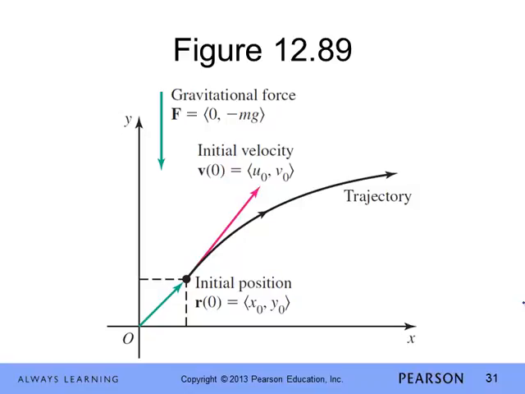You can think about each of those components as functions of t: they give you the x coordinate as a function of t and the y coordinate as a function of t. So if you want to know the x and y coordinates at any point in the trajectory, just evaluate each of those functions with the particular value of t that you have in mind.